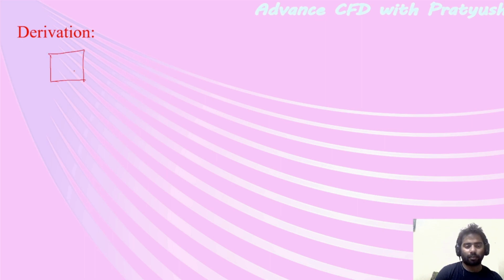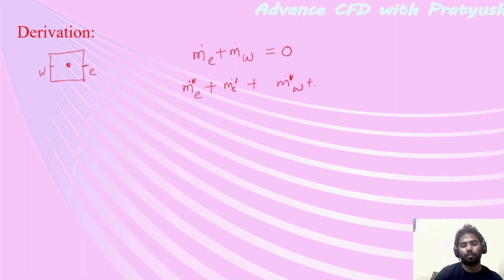If we take a cell center, this will be east and this will be west. For this cell center, the continuity equation we can write as m dot e plus m dot w equal to 0. After applying the correction term also, we can write it as m dot e star plus m dot e dash plus m dot w star plus m dot w dash, and that should be equal to 0.